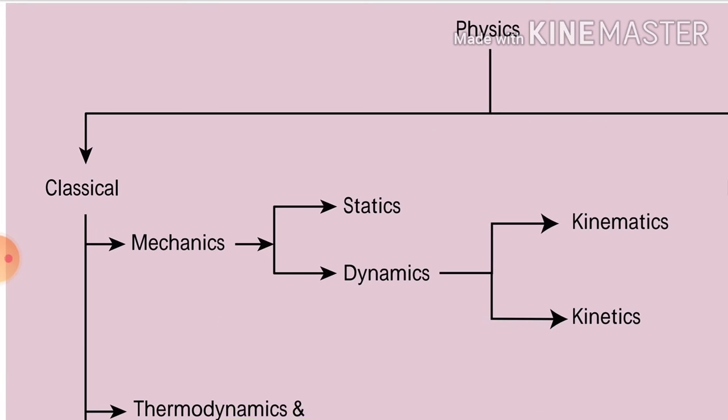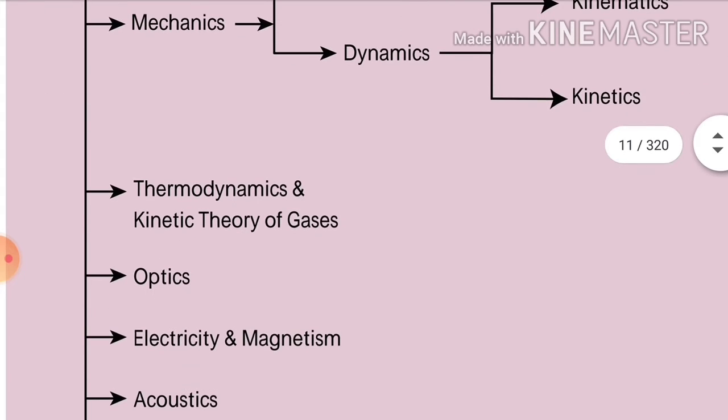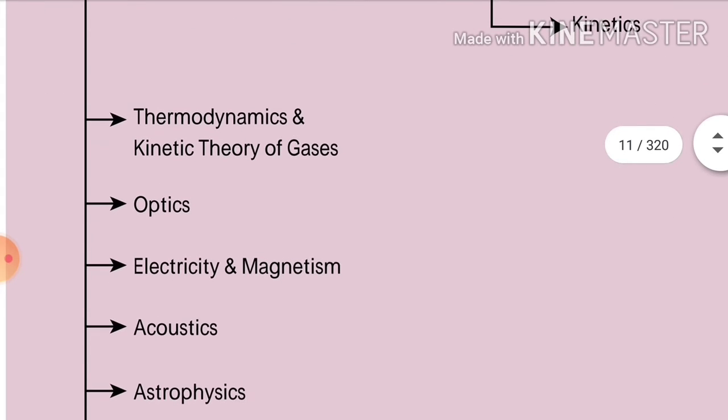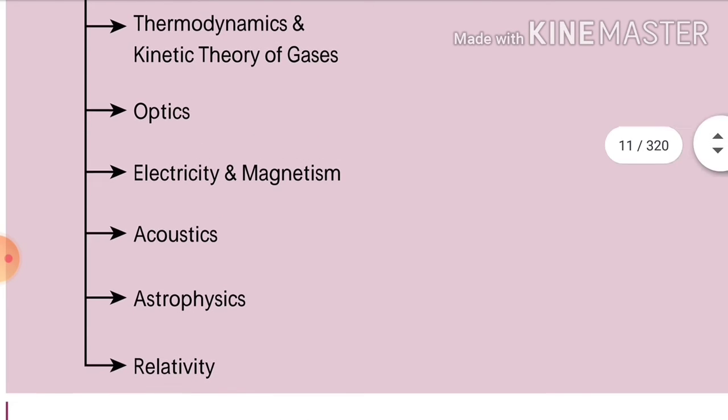Dynamics is classified into kinematics and kinetics. Then other branches are thermodynamics and kinetic theory of gases, optics, electricity and magnetism, acoustics, astrophysics, relativity.